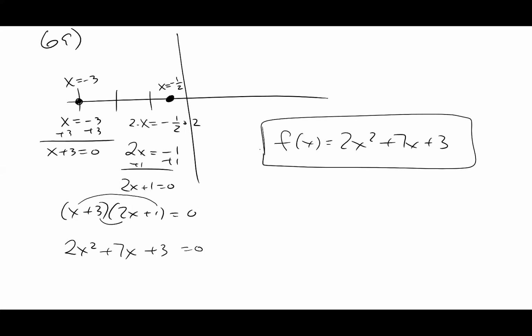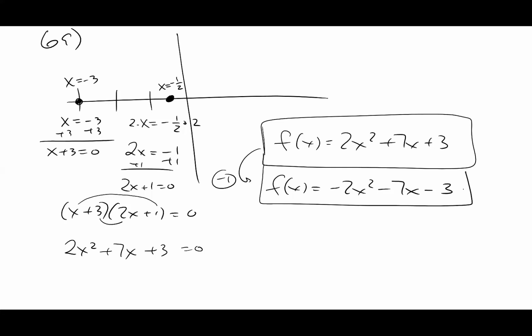I'm going to multiply this by a -1 all the way through. This will be my downward graph. Done. I got both of them now. Okay, talk to me. Does that make sense? And we're able to finish up your homework for 65, 69 now.